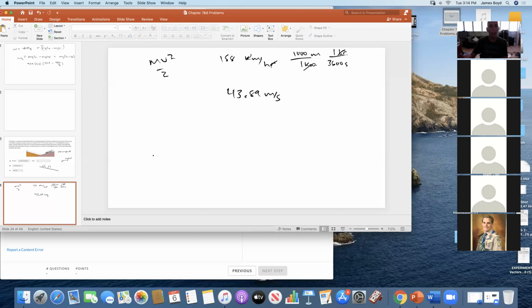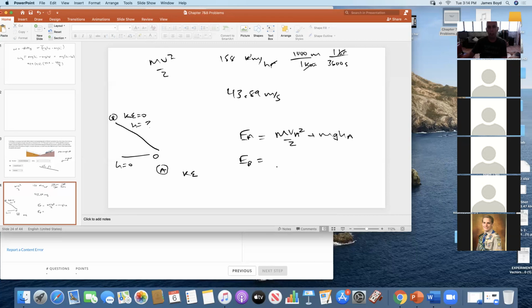So at the bottom of the ramp, at A, he has all kinetic energy. And so we're going to set H equal to 0 at A. At the top, he has kinetic energy equal to 0. We're going to call this B. H is unknown. All you have to do is energy at A and energy at B. Energy at A is mVA squared over 2 plus mgHA, and at B it's mVB squared over 2 plus mgHB.